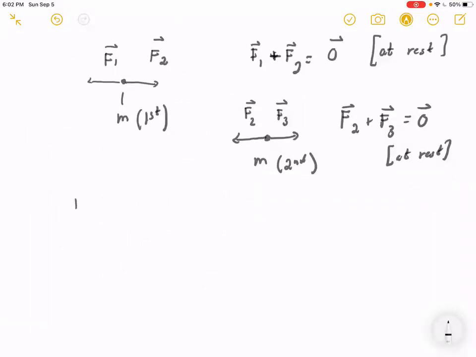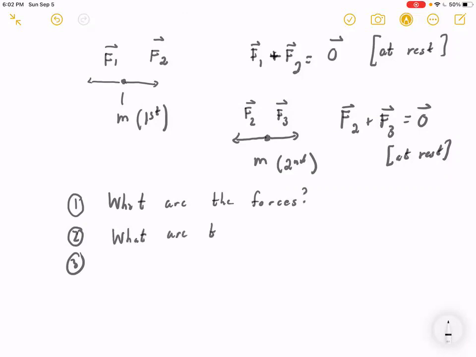So there are a couple of ways to do this problem. And since we've already started it, what are the forces? Then the next question is, what are the displacements?